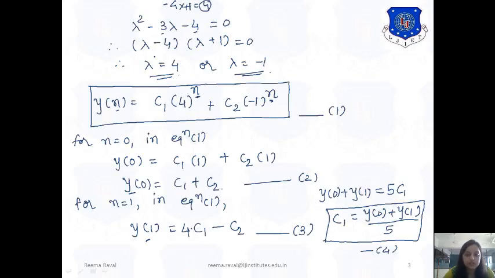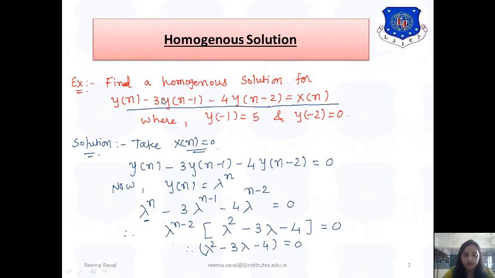So the original data is y of n minus 3y of n minus 1 minus 4y of n minus 2 equals 0, by taking x of n equals 0. So let us first write down the original equation, which is y of n minus 3y of n minus 1 minus 4y of n minus 2 equals 0.